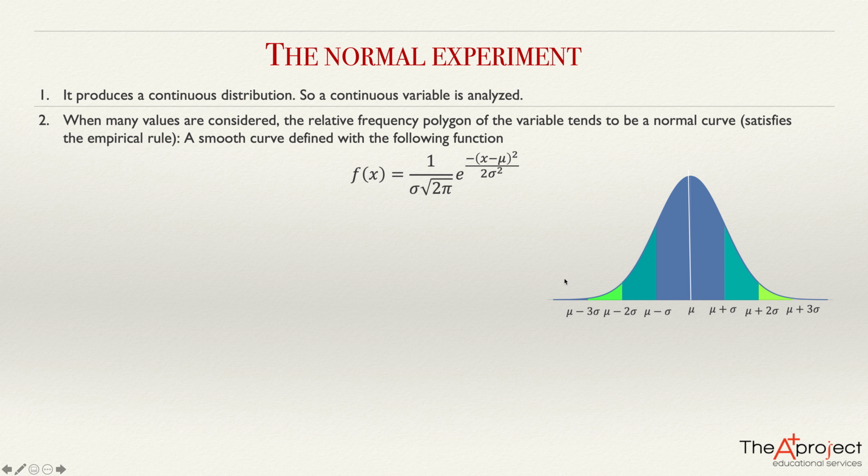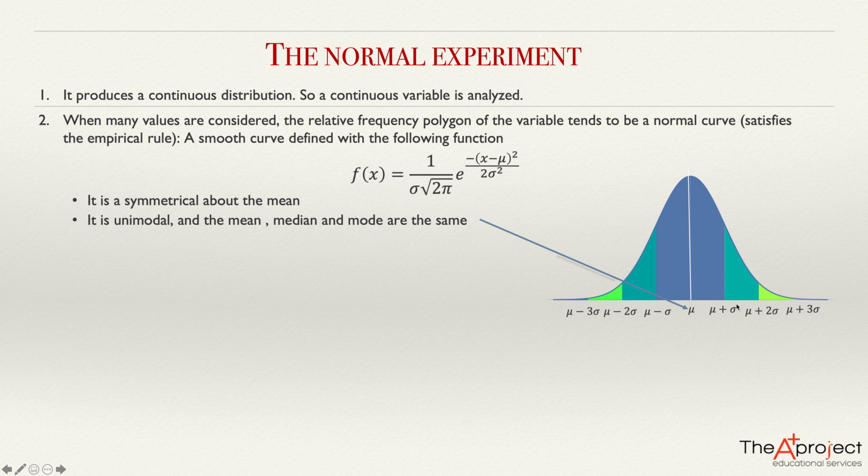But what are other properties? For example, you see here it is completely symmetric, and the symmetry is around the mean. So the mean is in the middle, and the left side of the mean is exactly the same as the right side. It's unimodal, so there is only one mode. Remember, the mode is the data with the highest frequency.